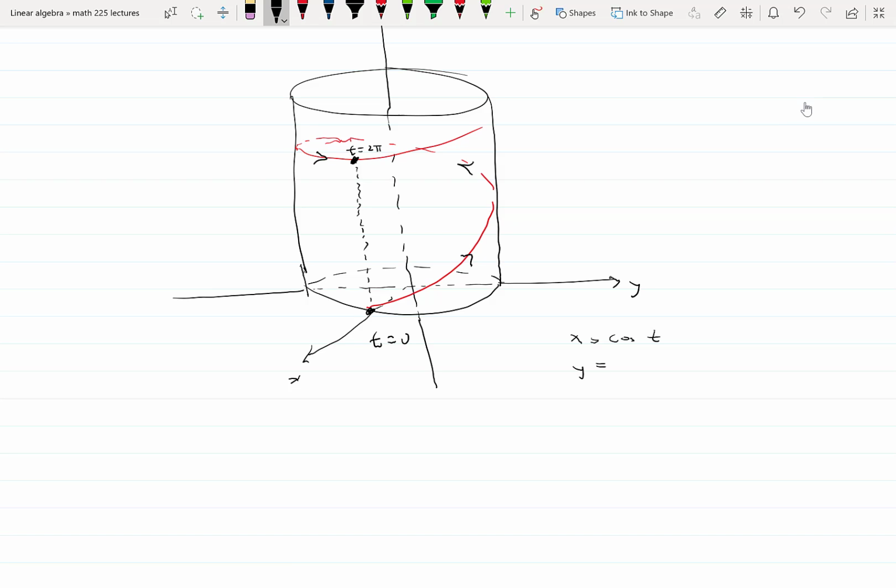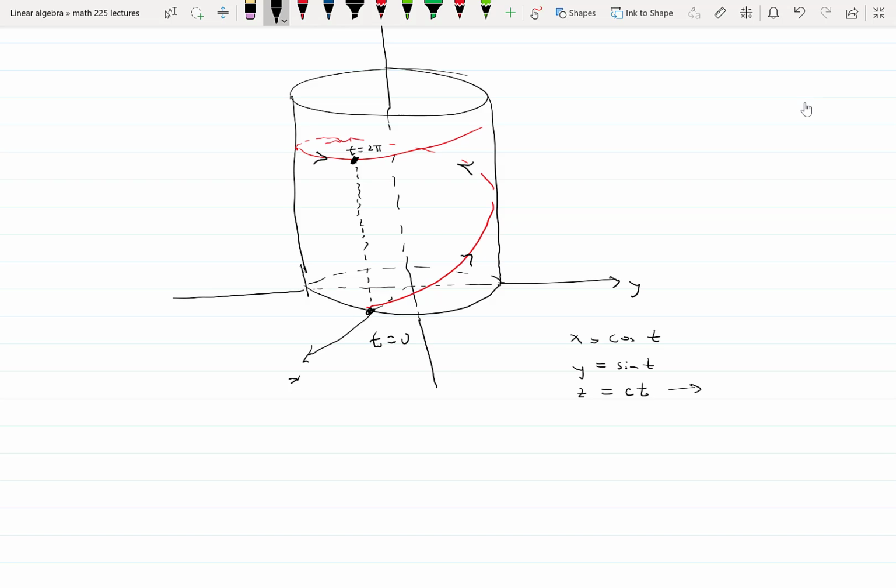Here are the parametric equations for the helix. Again, x equals cosine t, y equals sine of t. Remember, x and y given parametrically by cosine t and sine t give you a circle, so the x and y stay on a unit circle. The z value equals ct, and we analyzed the z value of a helix similar to this in a previous video.